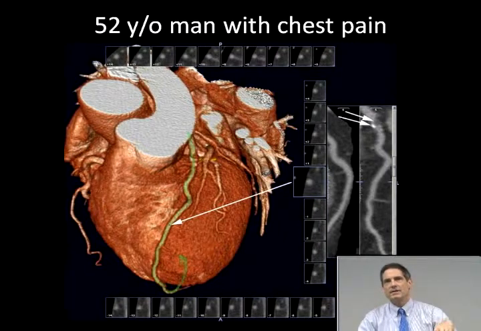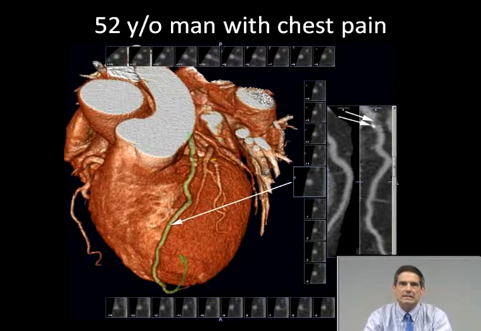The composite figure shows you a reconstructed view of the heart and coronary vessels obtained with EKG gating. The LAD is depicted along the surface of the left ventricle. The long arrow is connected with the associated cross-sectional imaging, and images proximal to the level of the arrow are arrayed above the target location and the more distal locations below it. Along the right side, there are two longitudinal reconstructions at right angles of the LAD.